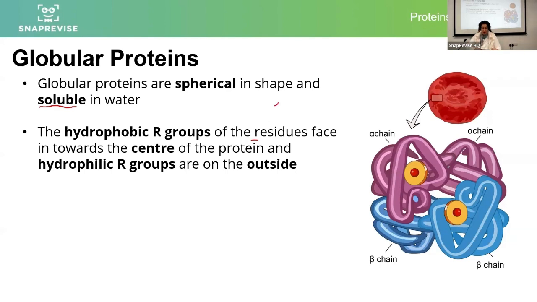Because the amino acids that have hydrophobic R groups will face in towards the center of the protein. We just use different colors so that you can see them a bit better. So the hydrophobic amino acids are going to be somewhere in here. They avoid the aqueous environment, which is the cytoplasm, while the hydrophilic R groups are on the outside. So these are my hydrophobic.